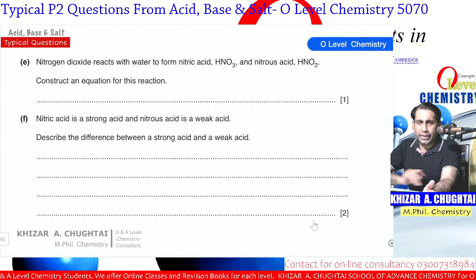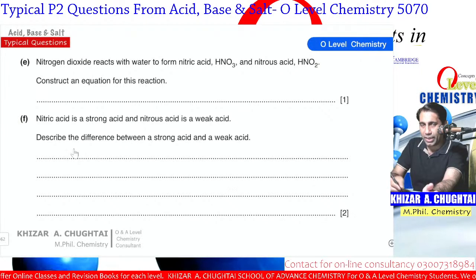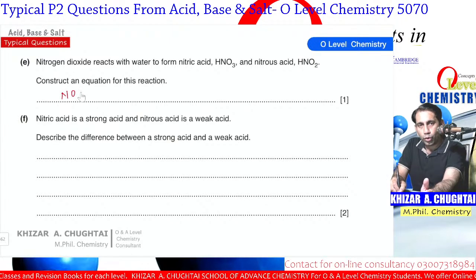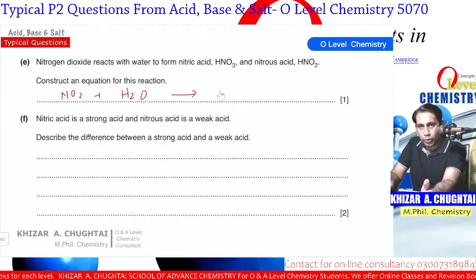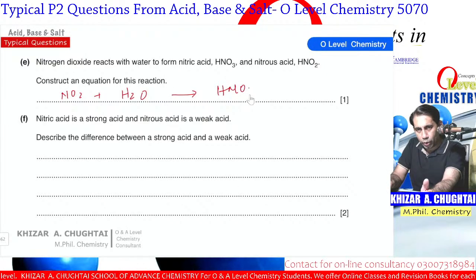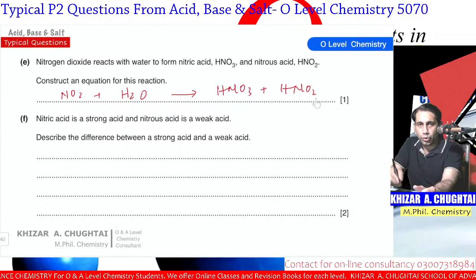The next one is nitrogen dioxide reacting with water to make HNO3 and nitrous acid HNO2. Construct an equation for this reaction. That's very easy. NO2 is going to react with H2O to make two sorts of acid, HNO3 and HNO2. So the number of nitrogens must be at least 2 over here.